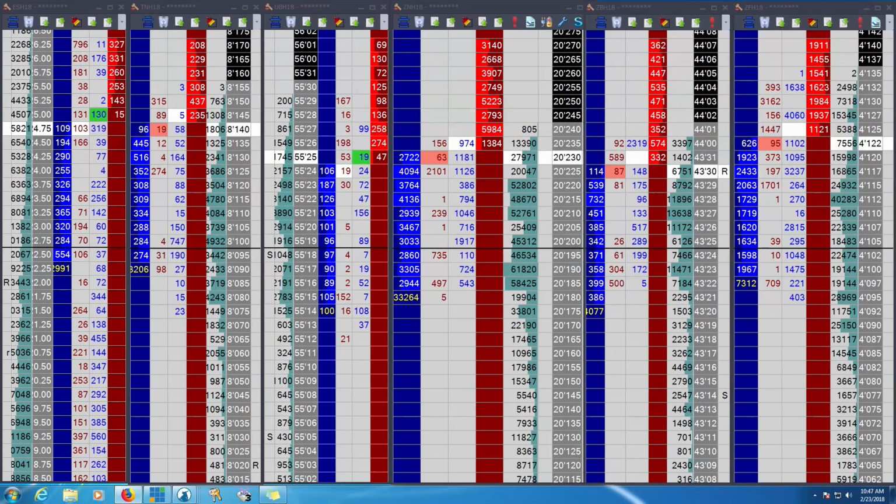The 5-year is way off its top. And again, we're looking for 10:49, and that'll be our first sign of the trade breaking here.